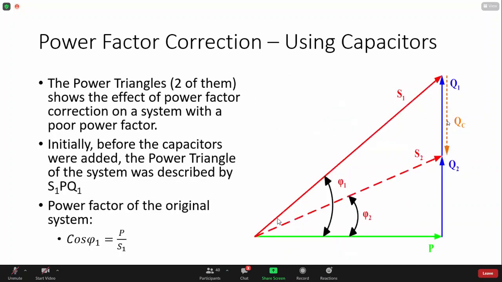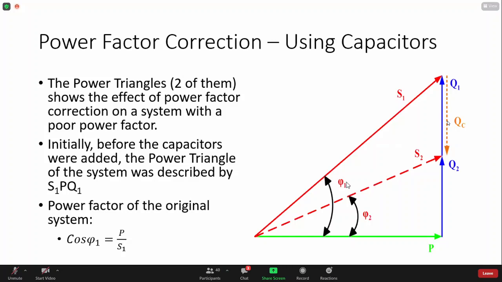All right, now this diagram, which consists of two right angle triangles, essentially explains what is happening when you're doing power factor correction. All right, so this larger triangle that comprises S1, P, and Q1 is the system power triangle before you do power factor correction.